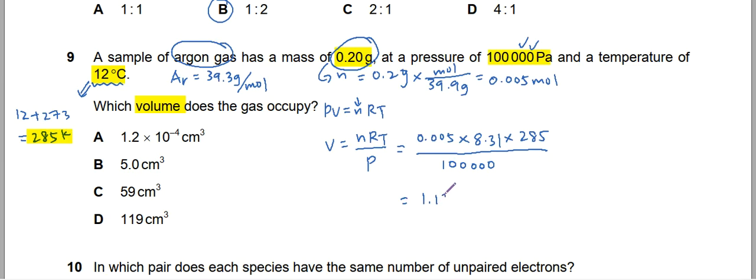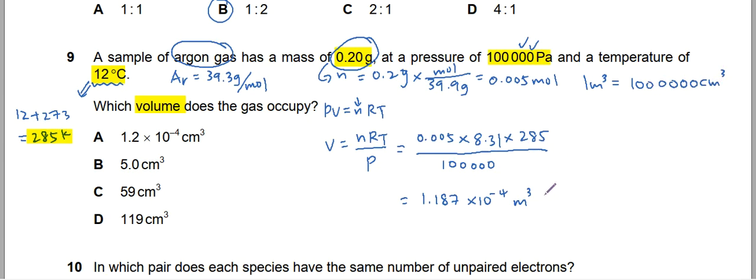So 1.187 times 10 to the power of negative 4, this is meter cube, because in this ideal gas equation the unit for the volume is meter cube. So we need to change that to cm cube. The conversion factor for meter cube to cm cube is 1 million. 1 meter cube equals 1 million cm cube.